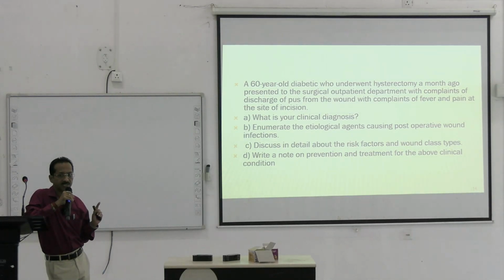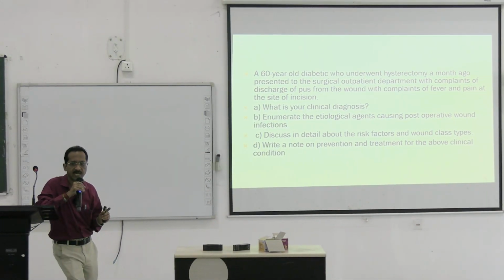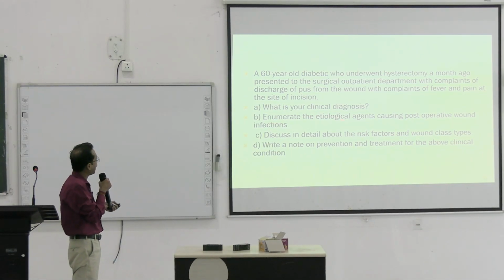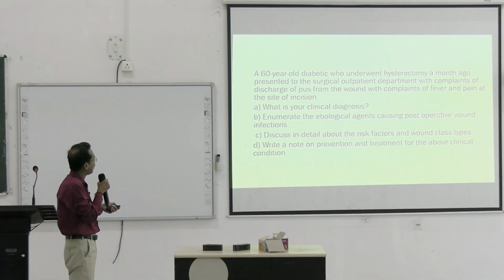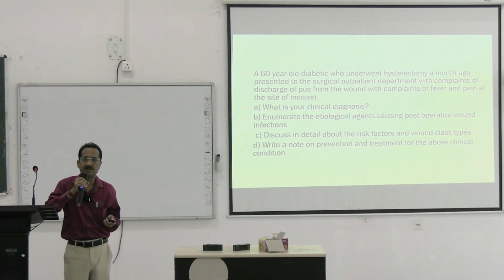So, this is post-surgical within 1 month. So, this is surgical site infection. Surgical site infection would be the clinical diagnosis. Etiological agent, what are the common etiological agents? You have to mention gram positive and gram negative both.